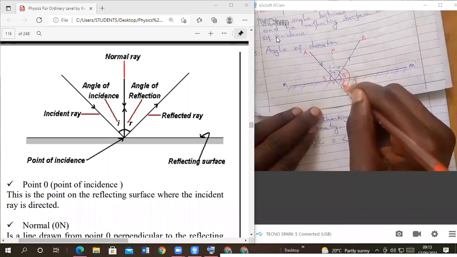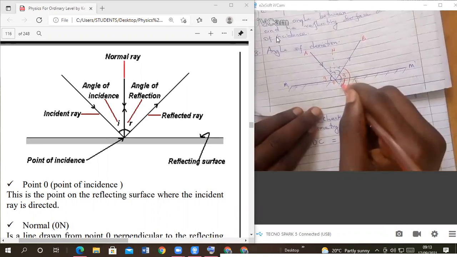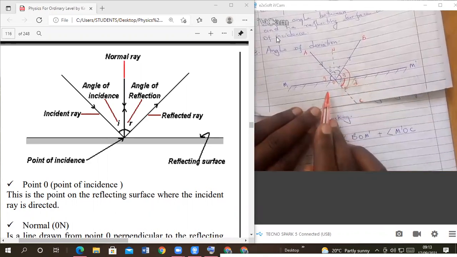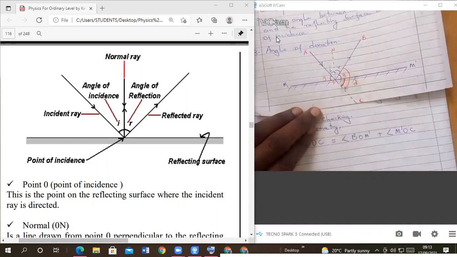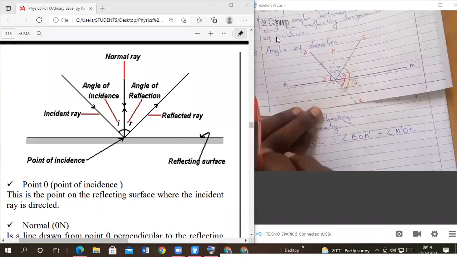But when you look at this angle, what can you say about it, members? Look at it critically. Which property is that?